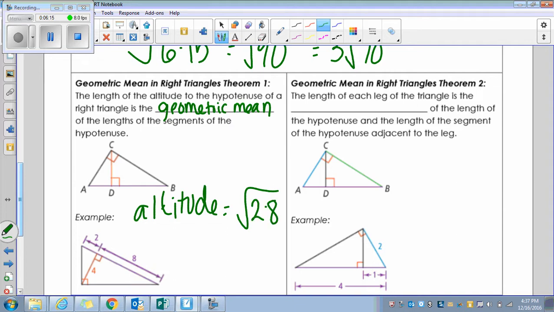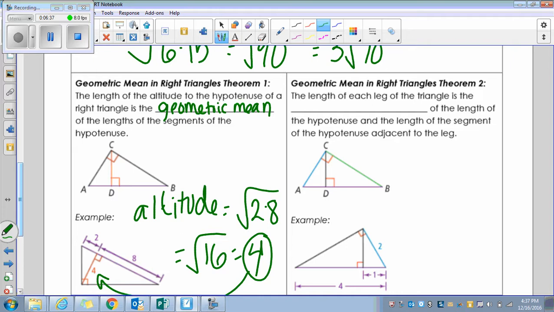So we have the 2 and the 8, that's how the altitude split up my hypotenuse. And when I multiply those both together, I get the square root of 16, which is in fact equal to 4, which is my altitude. So there's kind of how that played into it.